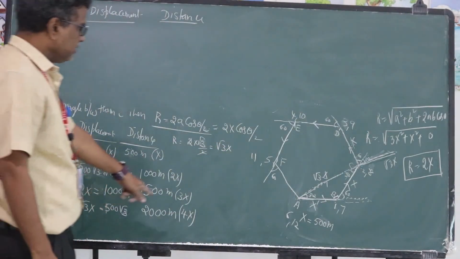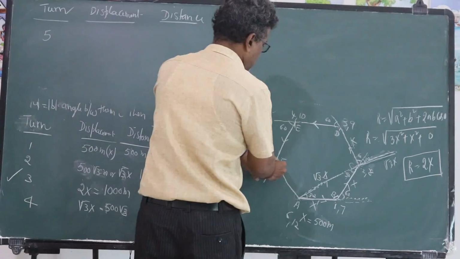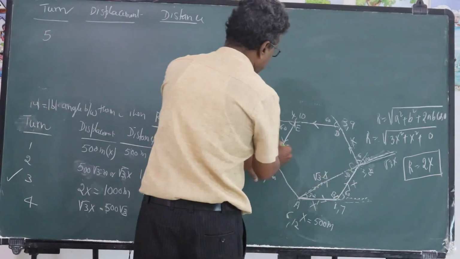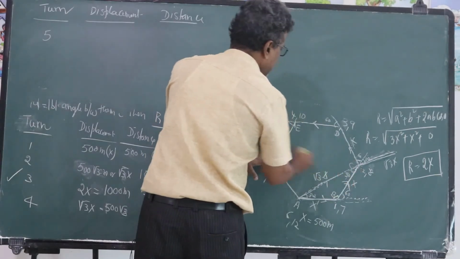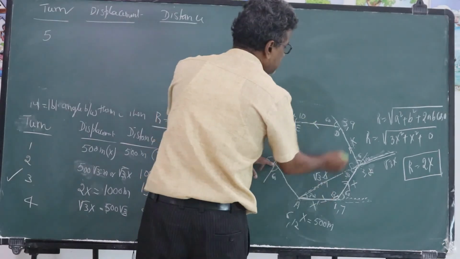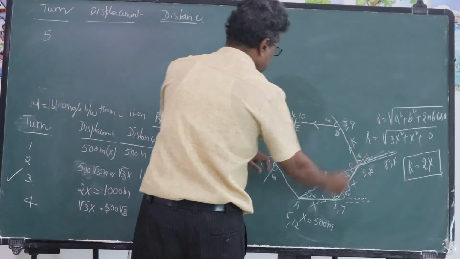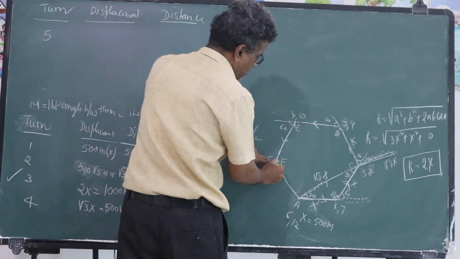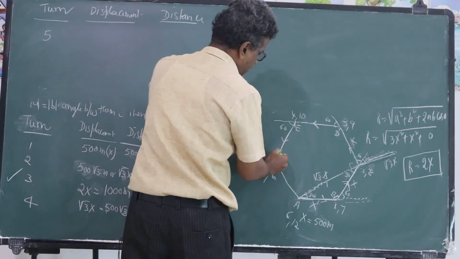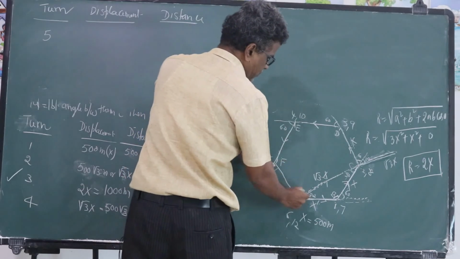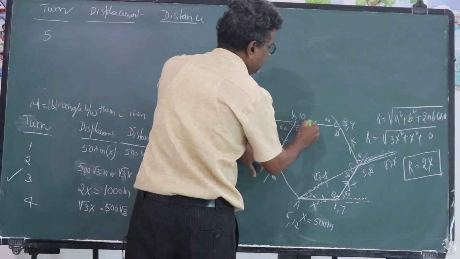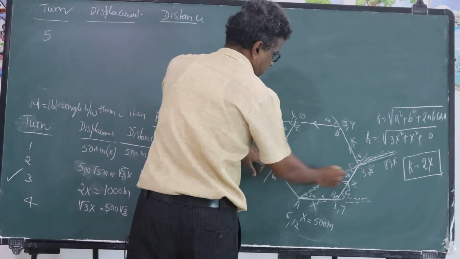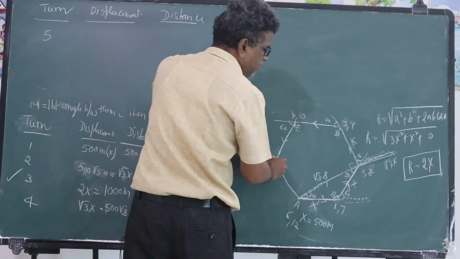Again, these two are equal and opposite, so they get cancelled, and these two get cancelled. We want to add these vectors. First, this one and this one cancel, since both are equal and opposite vectors.